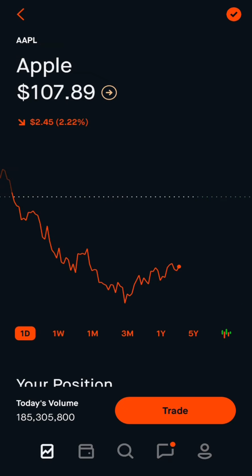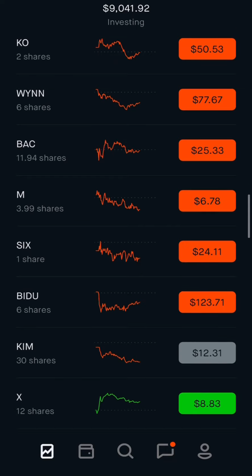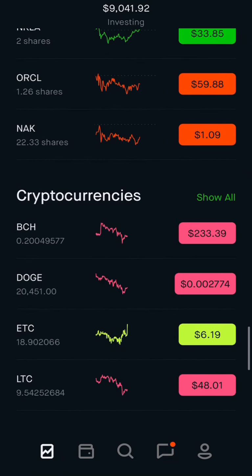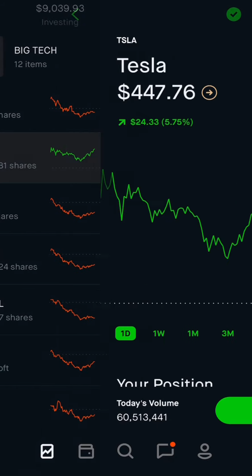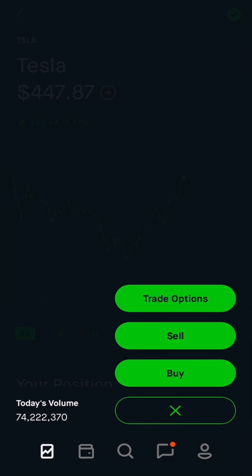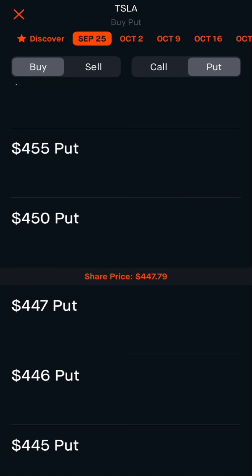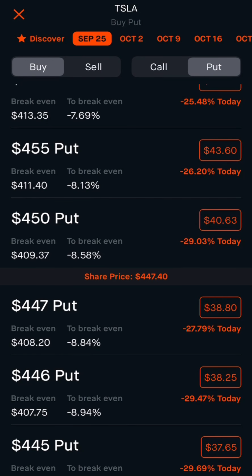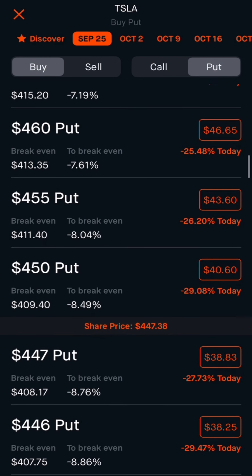If you go to another one, like let's just go to Tesla, for example, because I know a lot of people are going to want to trade Tesla, especially on options. So we'll go here, Tesla, and you press trade. Let's trade options. Pick our day, September 25th. Let it load. Look at that. So these ones are a little bit more.